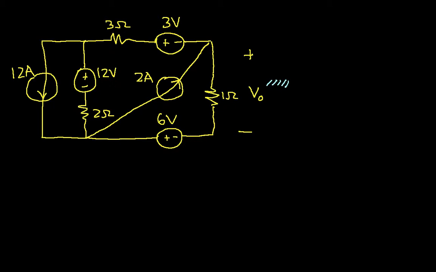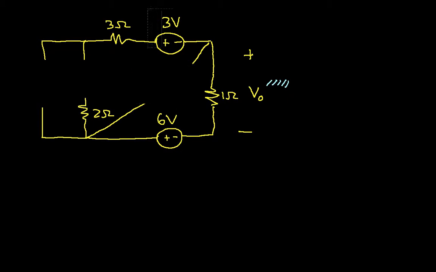We'll get rid of all the other sources, and replace the voltage sources by short circuits, and leave the current sources as open circuits. And now you can see I have a single loop circuit.